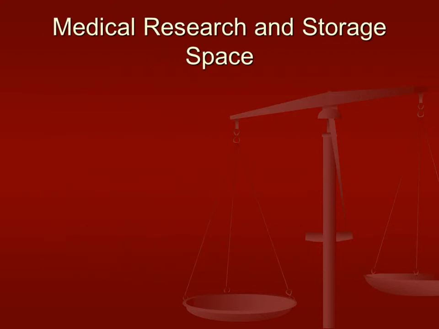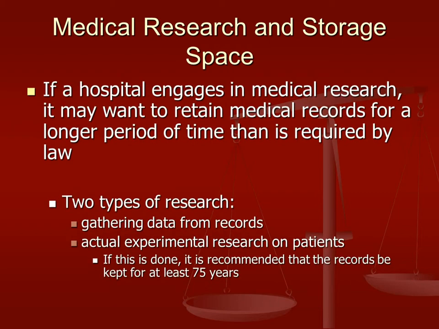Also, we looked at medical research and storage space. If the facility engages in medical research, it may want to retain records for a longer period of time. Now, there are two types of research. Healthcare providers can do research by gathering data from records, looking at what happened before, old records or current records.